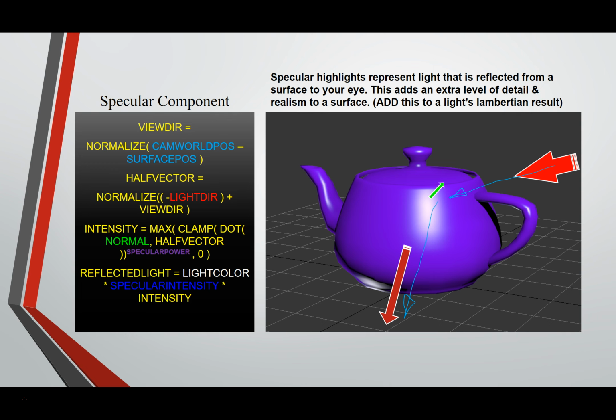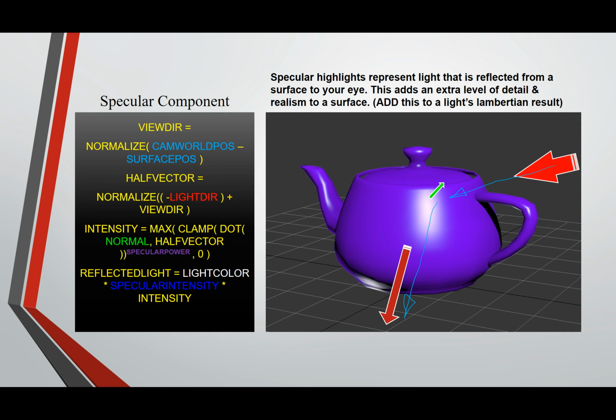The way the highlight looks also depends on the roughness of the surface. A very smooth surface may have very sharp highlights, whereas a surface closer to Lambertian may have very soft highlights that are much wider. You can look around you and observe that.